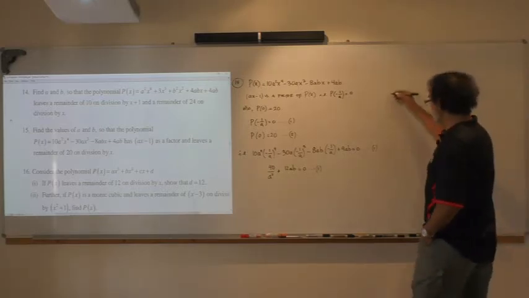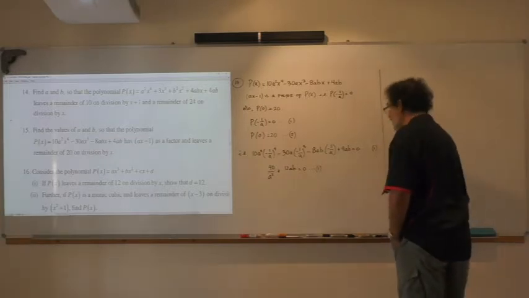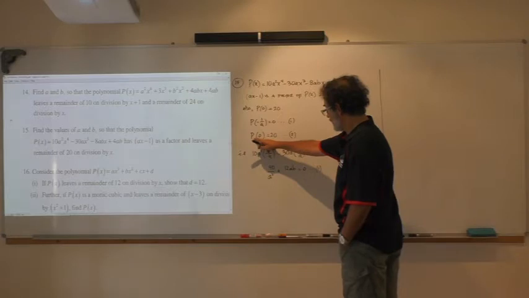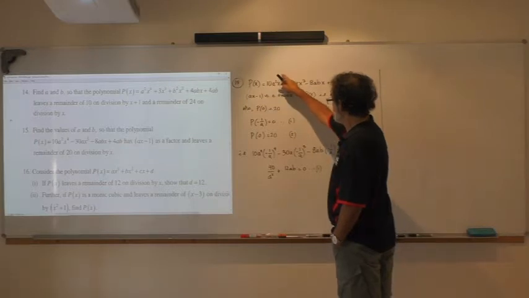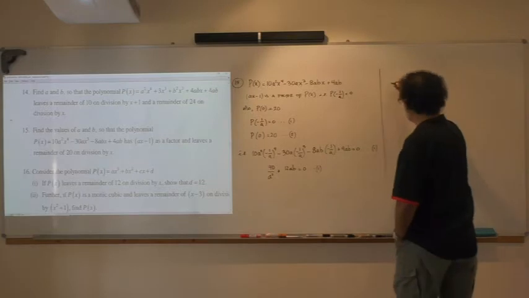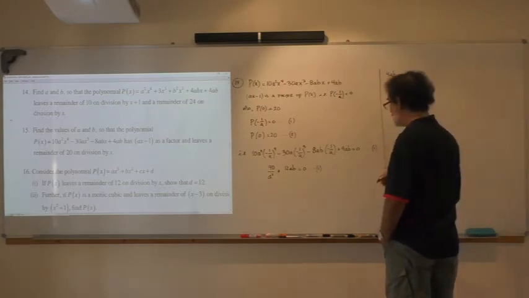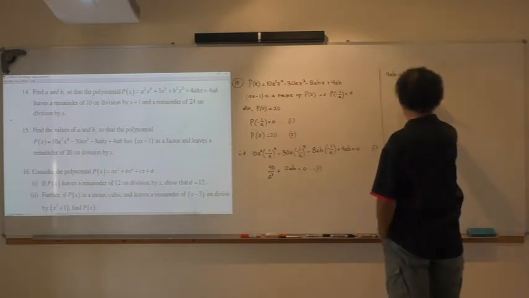Now my equation 2. I need to have 2 equations, and equation 2 is going to be easier, because in here they say that p at 0 is equal to 20. So when you substitute 0 in here, then this will go, this will go, this will go, so we're going to have only 4ab equal to 20.